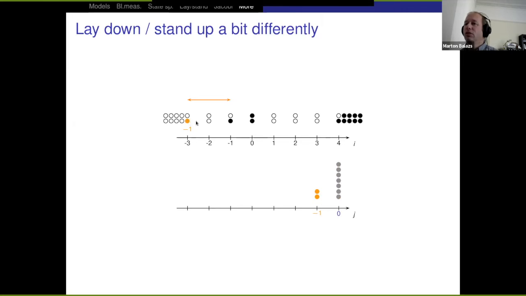So I have distance 2 between particle number -1 and the next one. And so I'm going to put 2 particles there. I have distance 1 between particle -2 and the next one, so that's 1 particle. I have distance 0 between -3 and -4 because they're on the same side, so I don't put anything here. I have distance 4 between -4 and its neighbor. So that's why I have 4 there.